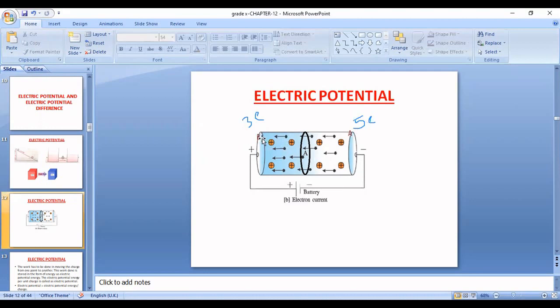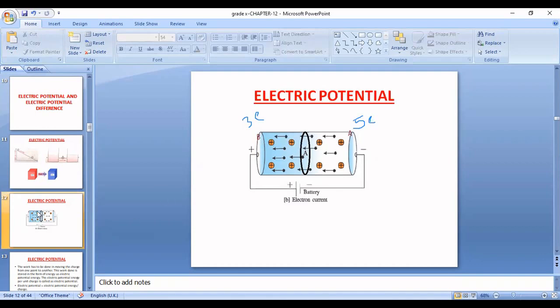At point B, we have some value of electric potential, right? And at point A and B, it creates this difference in the potential value. Here there are 5 units of electric potential, here we have 3 units of electric potential. So there is a difference of 2 units of electric potential between A and B. That is why the electron is flowing from A to B, right?